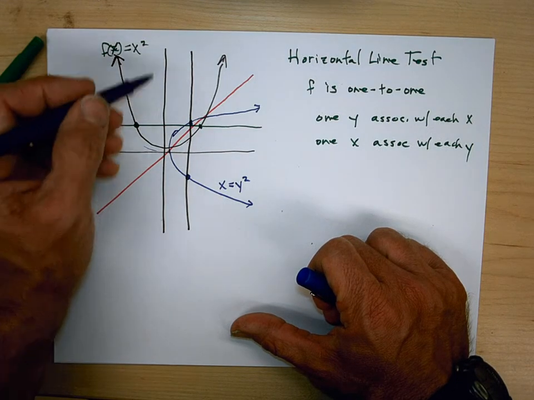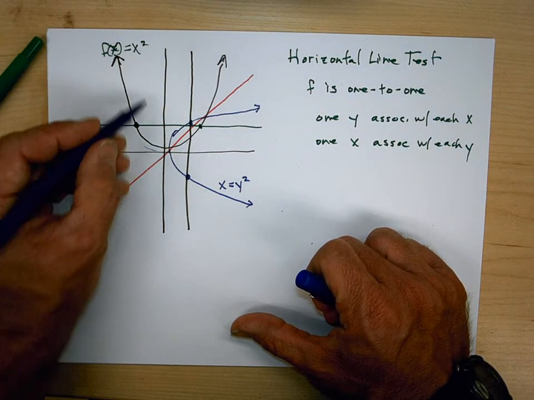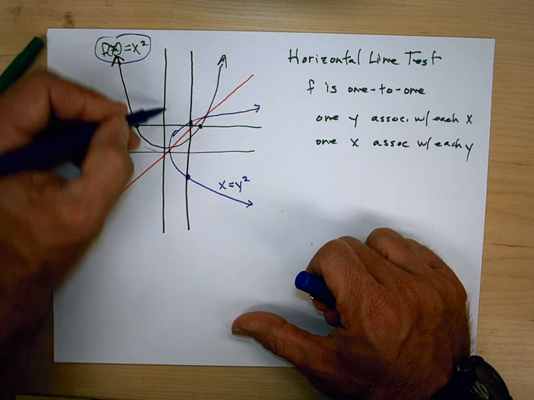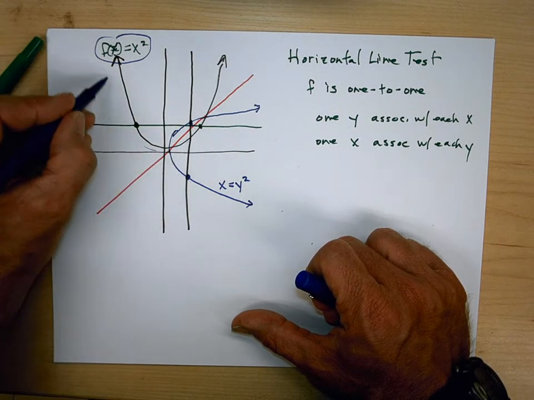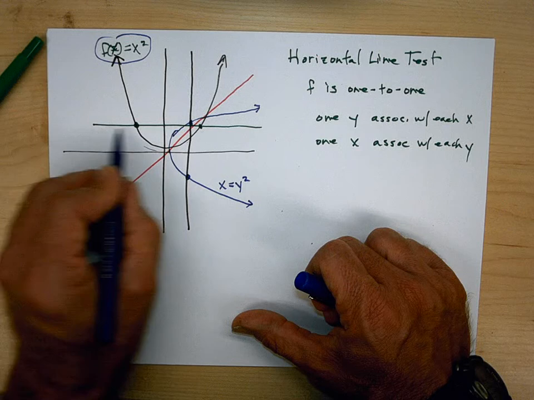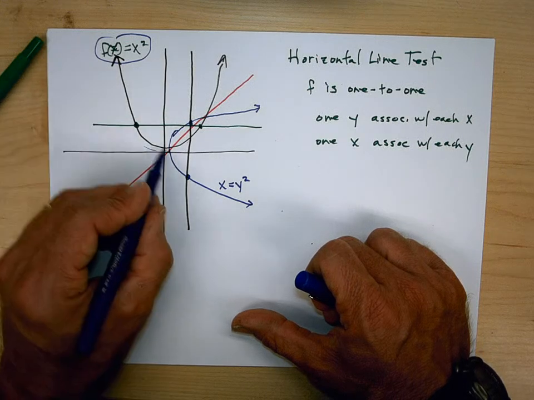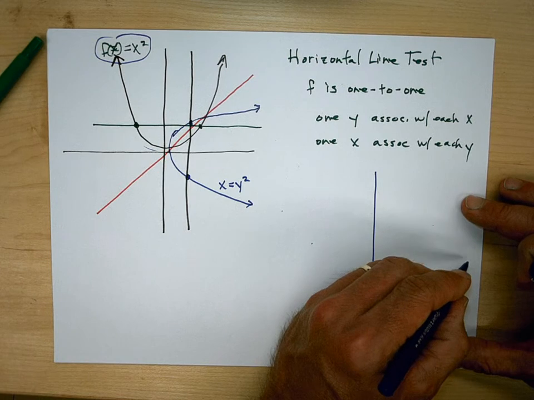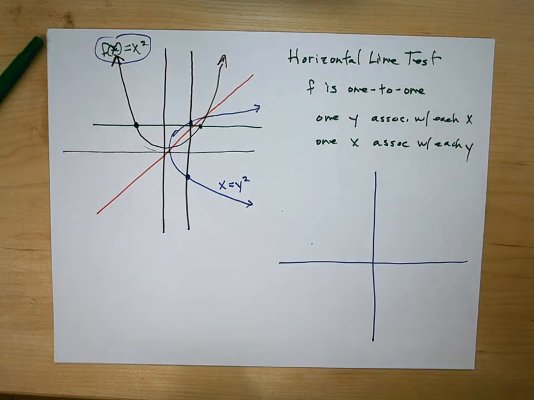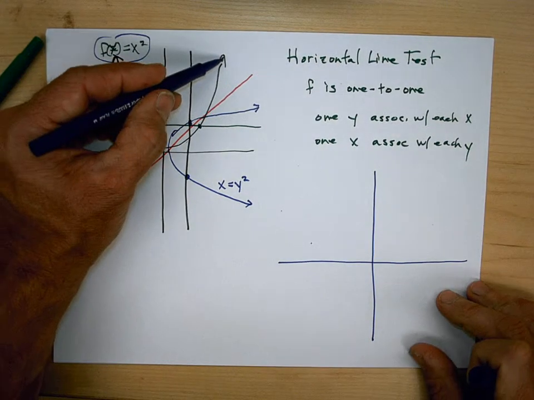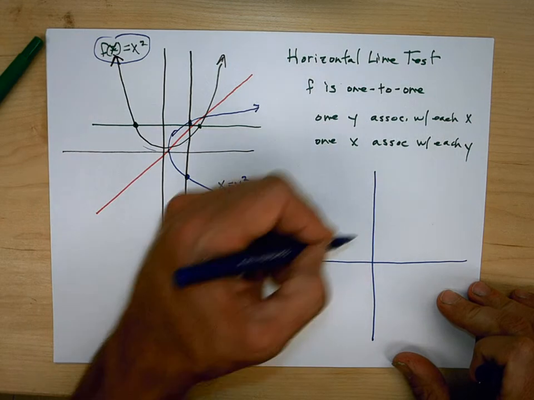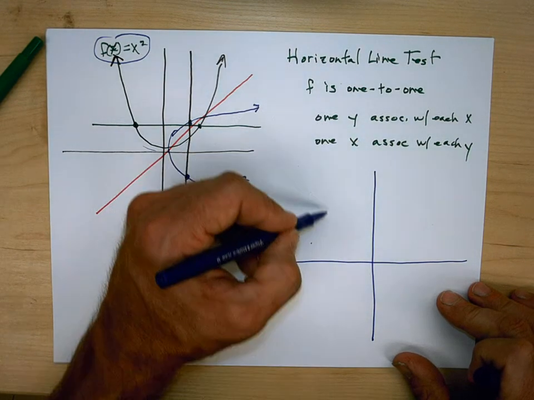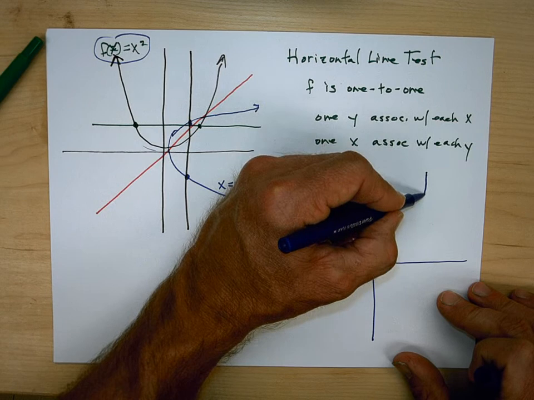The question is, could we restrict the domain of our original function so that it does have an inverse? Notice that it's when this thing starts to come back up again that a horizontal line will hit it on the other side. This will be important when we start talking about inverse trig functions: we can restrict the domain of the original function. So instead of having this thing come down and back up again, let's just draw this half.